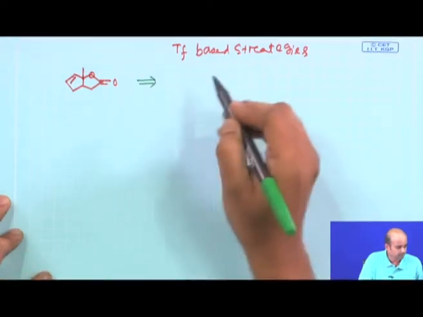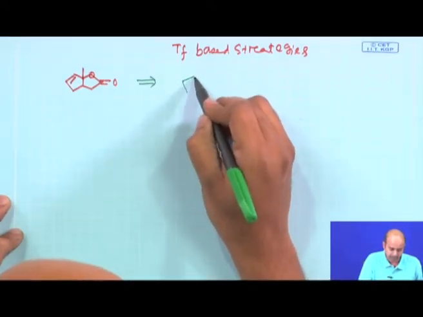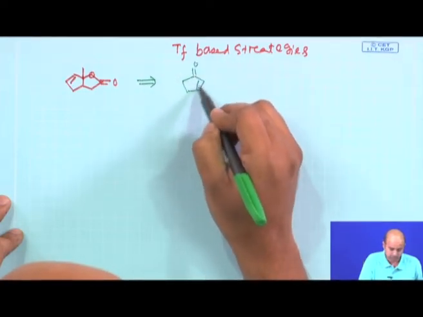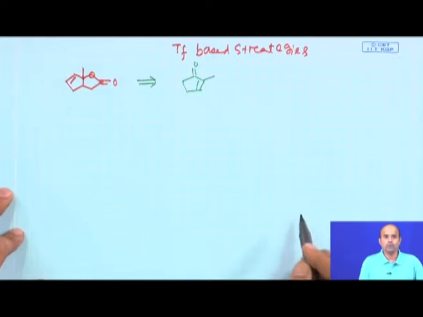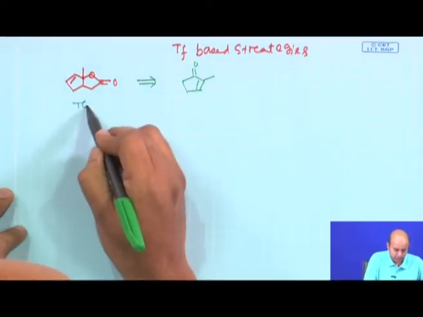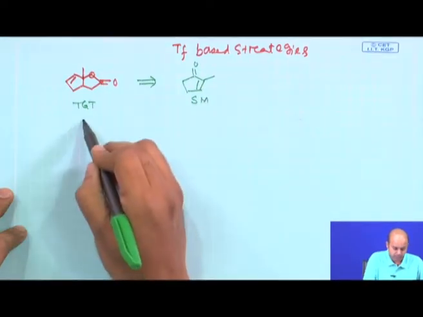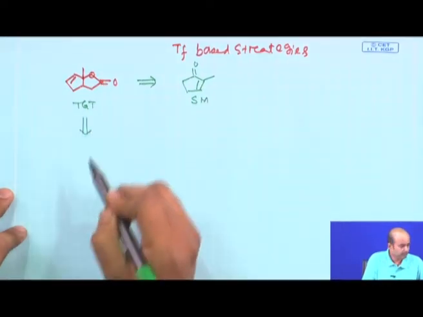The starting material was a simplified starting material, a cyclopentanone. Now, we go back to the retro pathway based on whatever transformation we can think of.